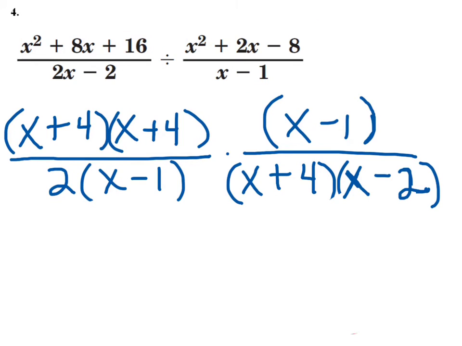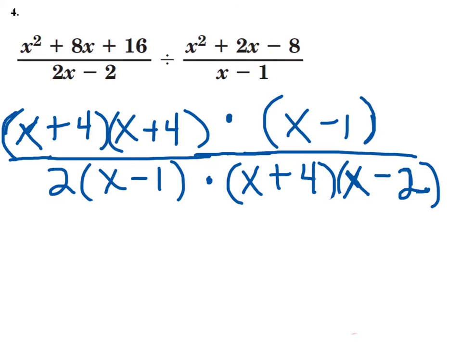So what we will do is highlight our division bar completely across, and then recognize that we're simply multiplying the numerators together and multiplying the denominators together.